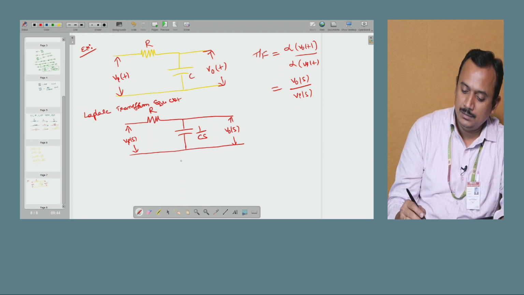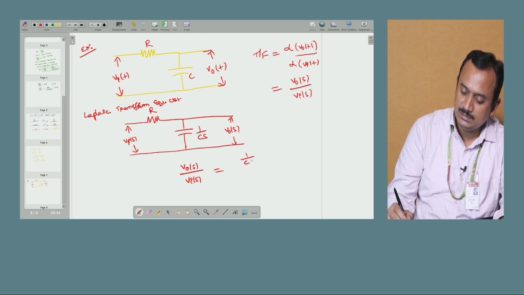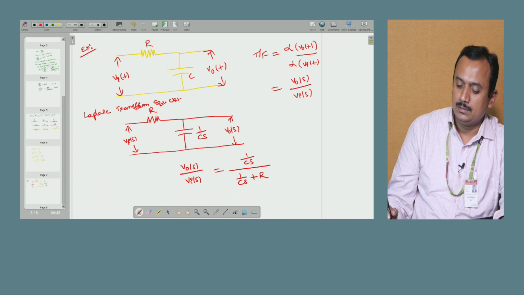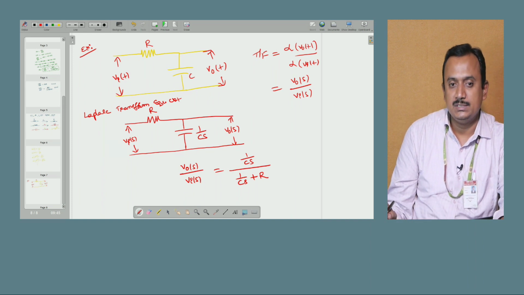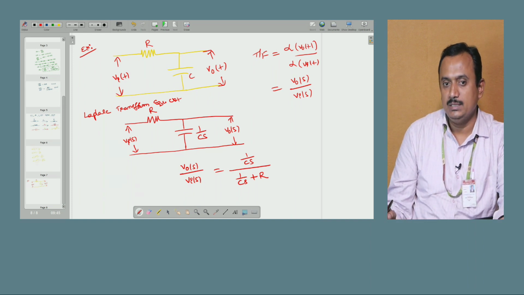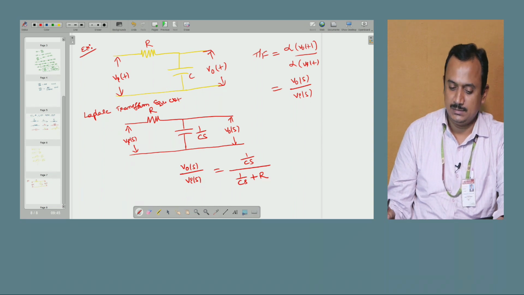I need the voltage across the capacitor, that is V naught of S by Vi of S, that is the same impedance, that is 1 by Cs by 1 by Cs plus R. The voltage division rule says the same impedance divided by the sum of the impedances.